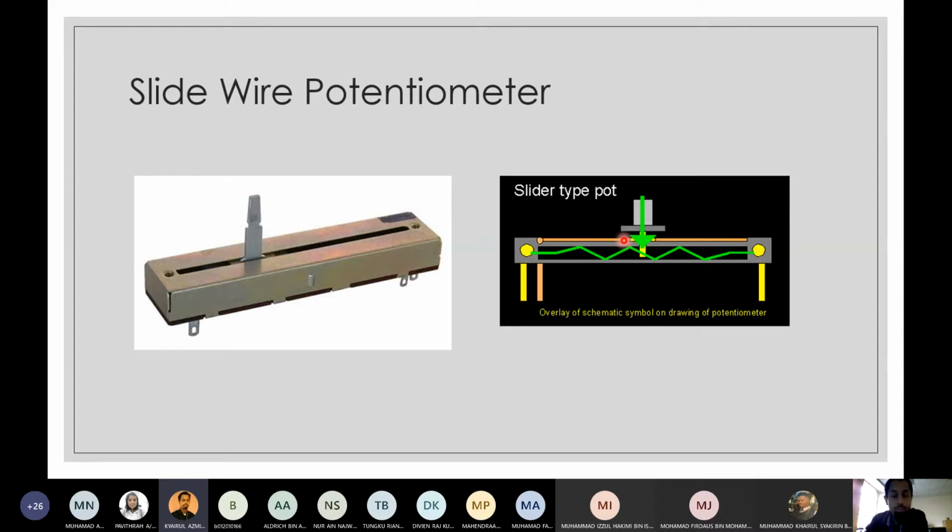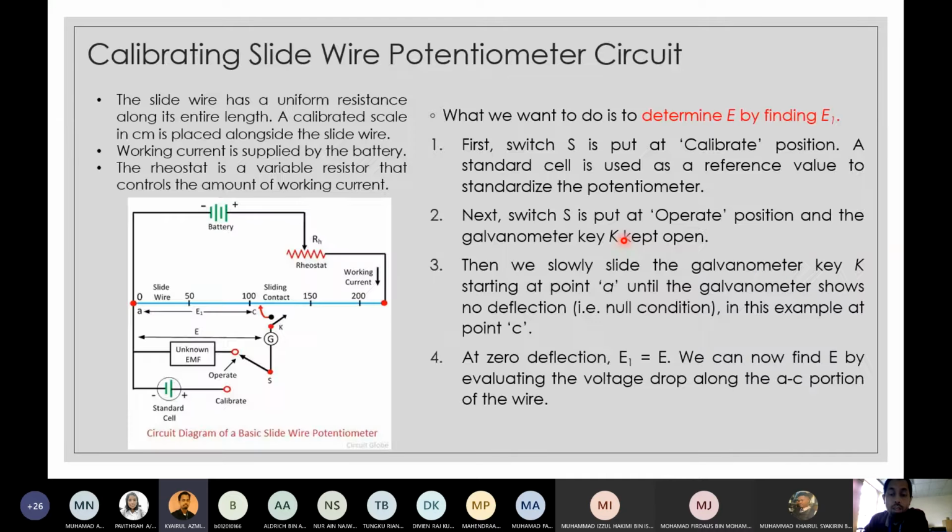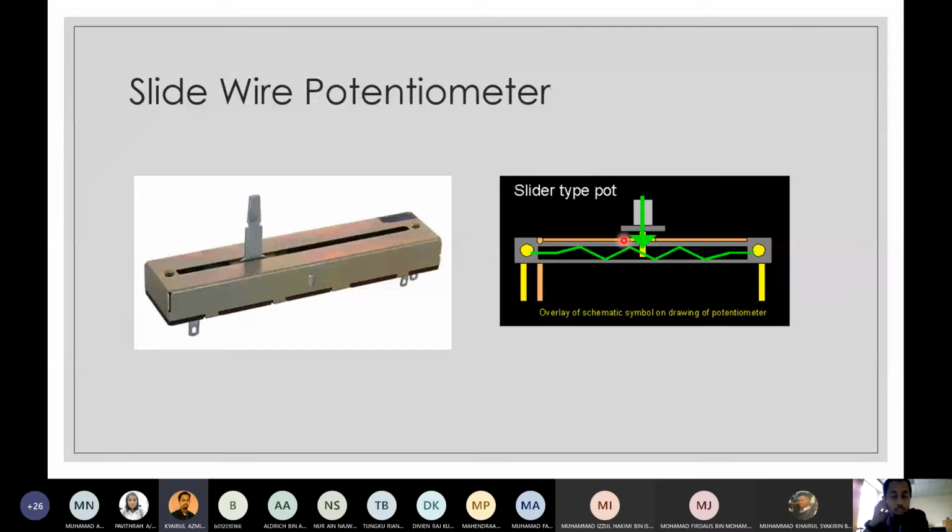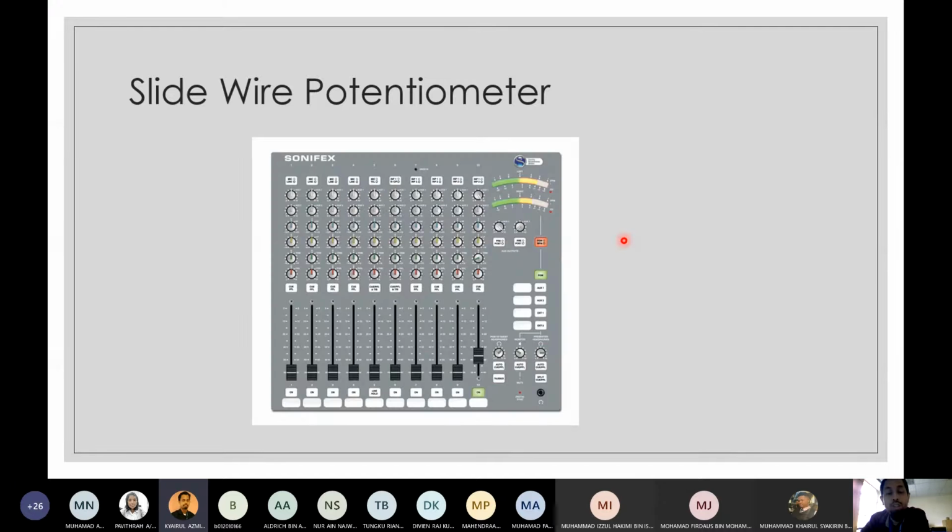Okay, so coming back to this point, what is the current application? Now many applications for potentiometers have been replaced by digital equivalents. But one of the fields that still uses some form of potentiometer is in mixing consoles, when you want to control music, or when you want to manage a PA system.